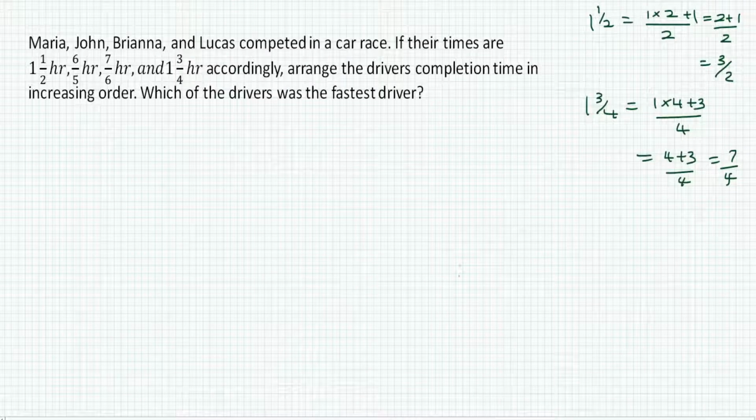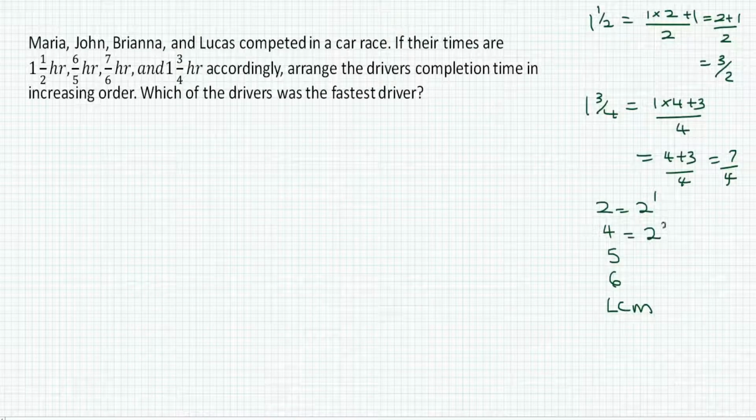The next thing we're going to do is find the LCM of all the denominators. So we have 2, 4, 5, 6, and then we need to find the LCM. So it's 2 to the power of 1, 4 is 2 squared, 5 is 5 to the power of 1, 6 is 2 multiplied by 3, so 2 to the power of 1, 3 to the power of 1.